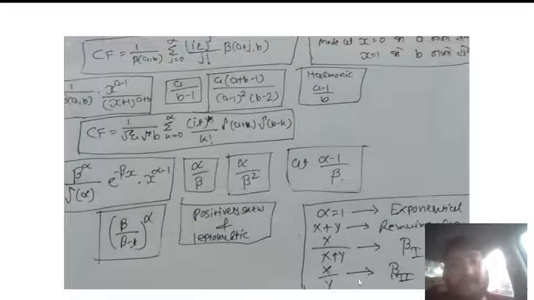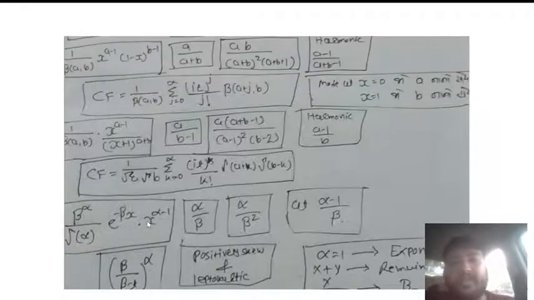Both are similar, but the gamma one only has a power of alpha.